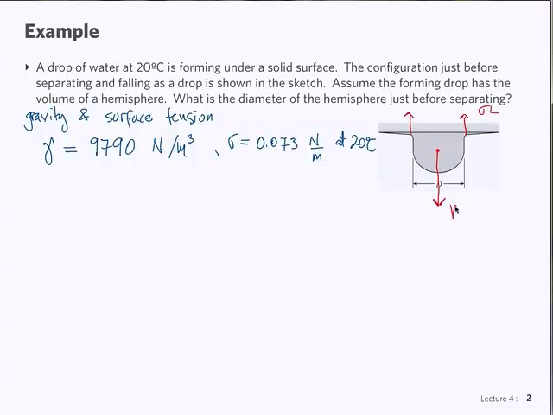And this guy is the weight. So the key is to do a free body diagram and do equilibrium of forces. And equilibrium is simply that the weight of the drop must be equal to the force due to surface tension.